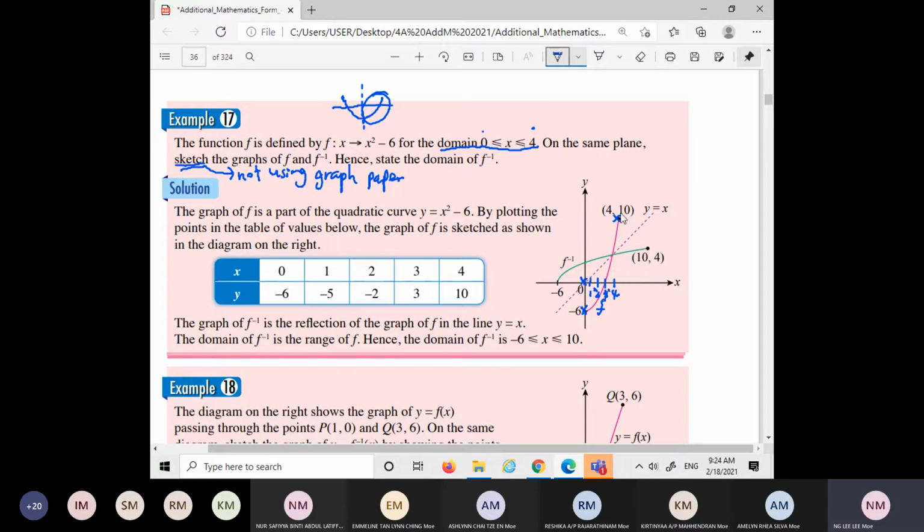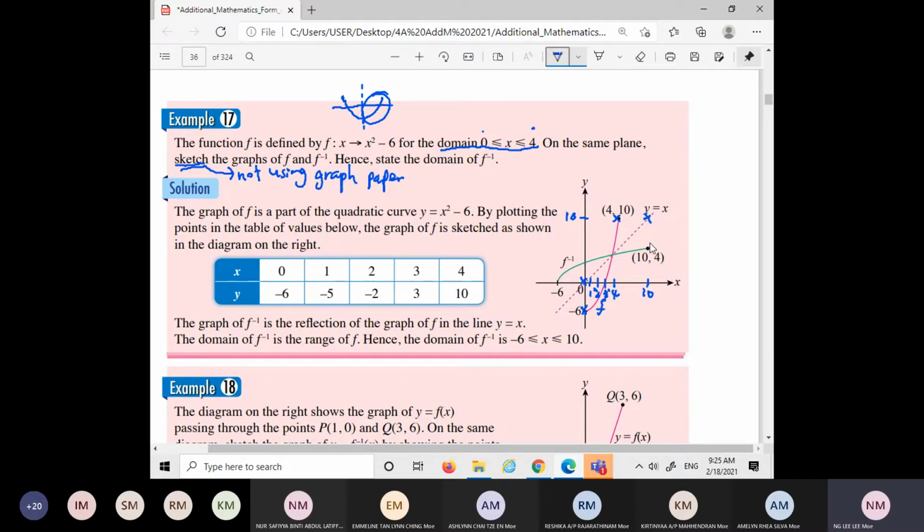Since here is 10, for 10 you know the y here is 10, your inverse here must be 10. So you have to extend your x-axis until 10. Maybe you get (10, 10), another point. Then join with a dotted line, using a ruler. This is y equals x. This line must be shown, because this line will be the guideline for you to get the graph of the inverse.